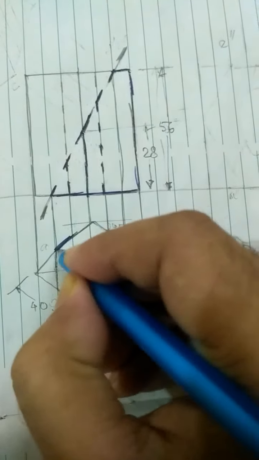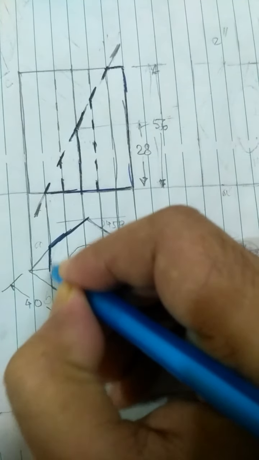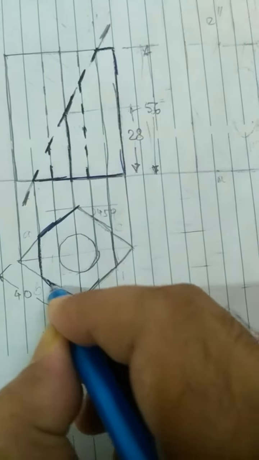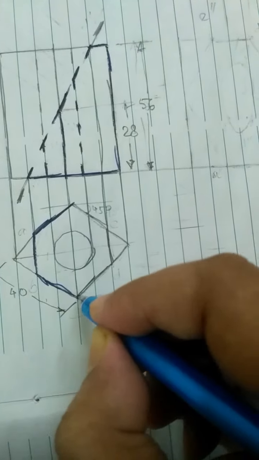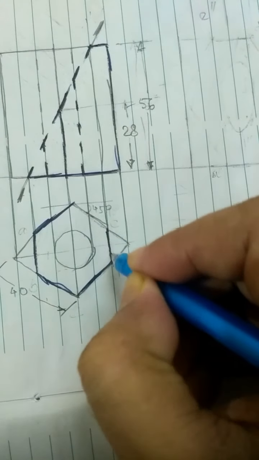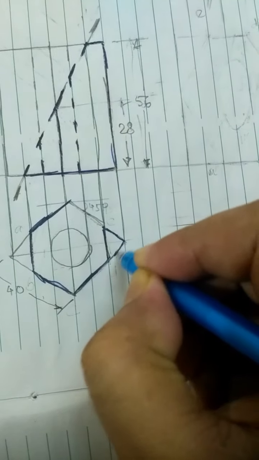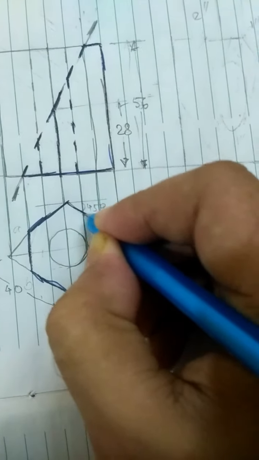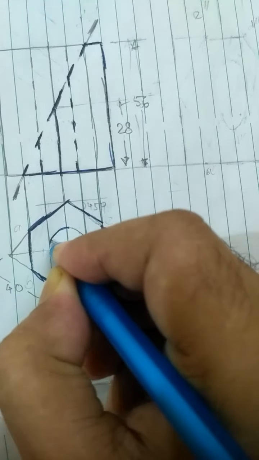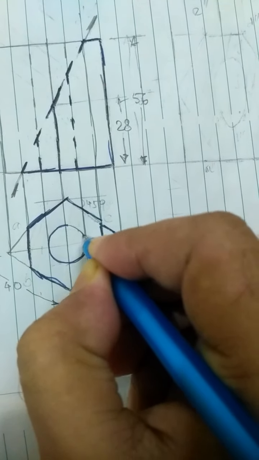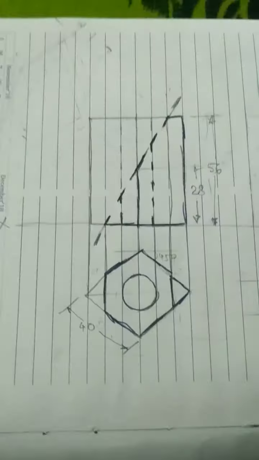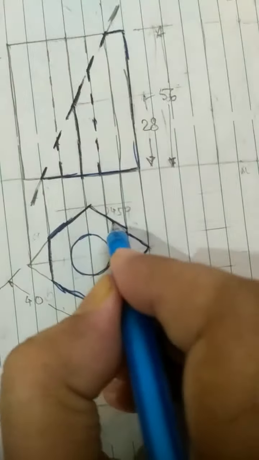And here this part, this part, also this part, and this circle. This is on the same line.